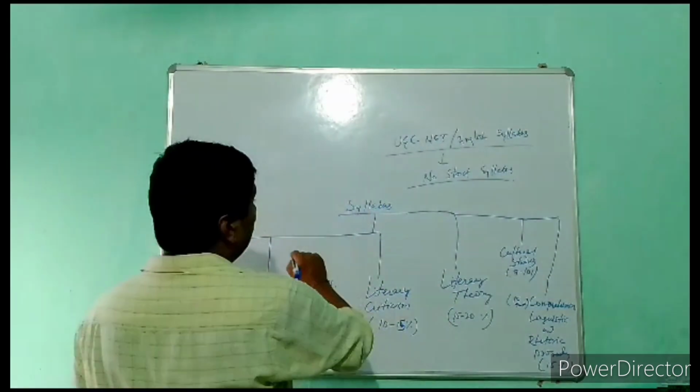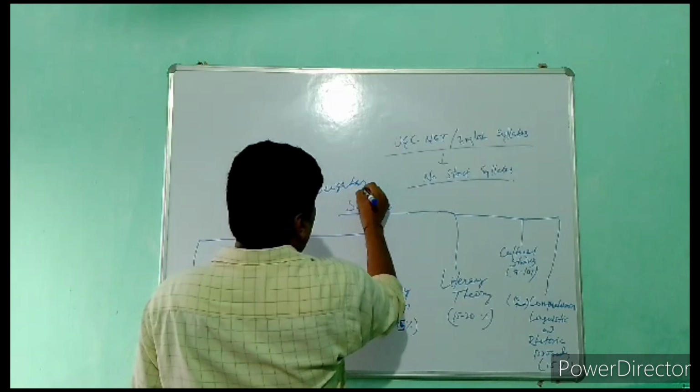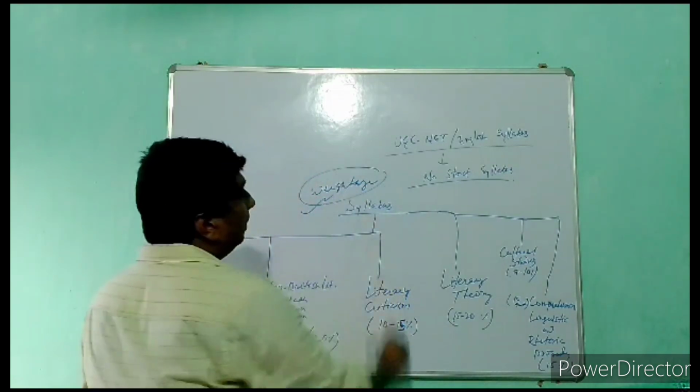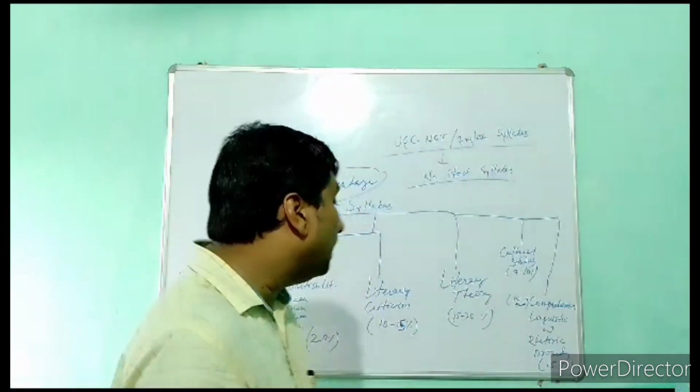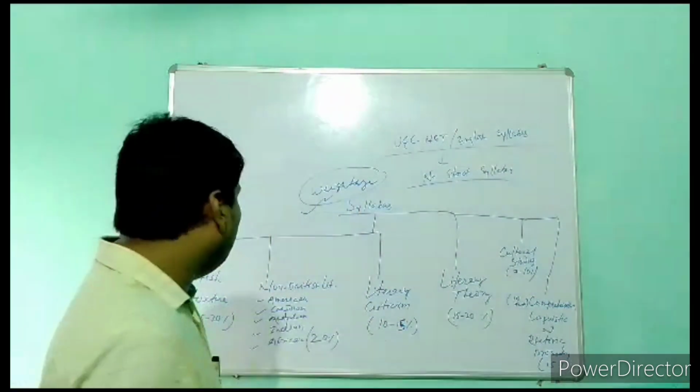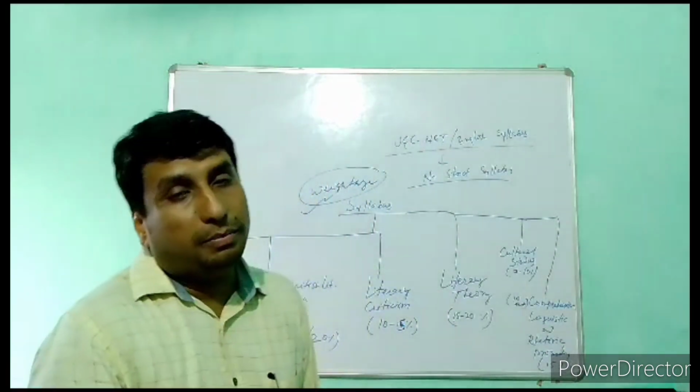This is roughly the weightage that is given. So these are the key areas that you have to focus on, and this is the split that I have given you. You have to keep these in mind and then prepare them.